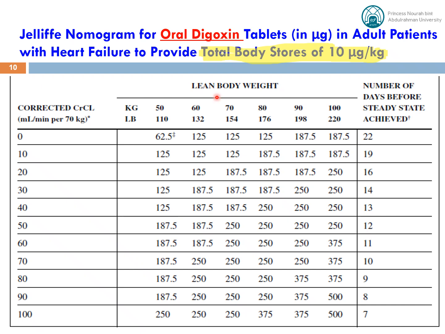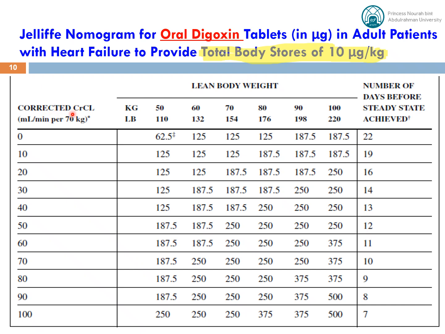Okay, look at the nomogram, dear ladies. Now this is the lean body weight. As you remember, just in the last week, the lean body weight excludes the fat tissue.